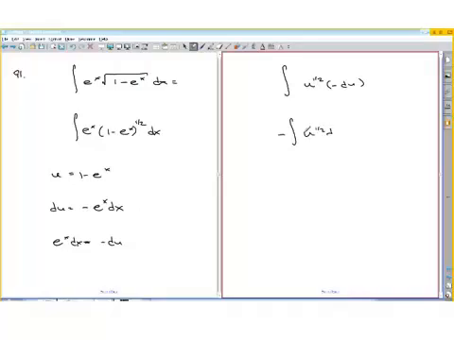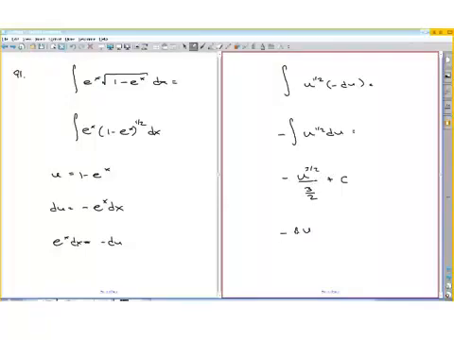So you get u to the 1/2 du, whose integral is going to be equal to u to the 3/2 divided by 3/2 plus our arbitrary constant c. And then, instead of dividing by 3/2, we multiply by 2/3.